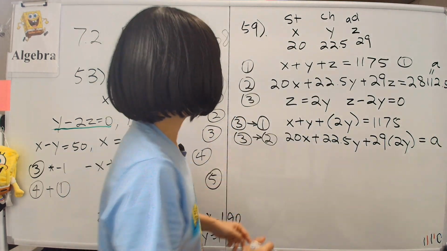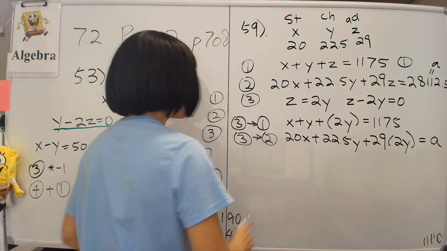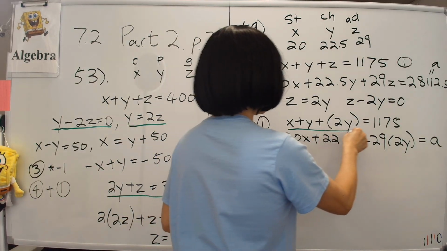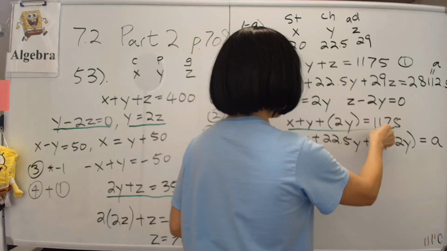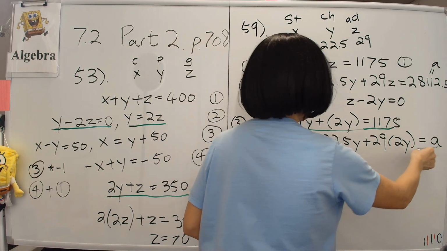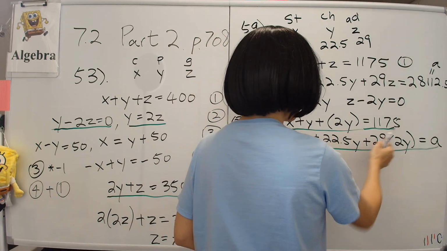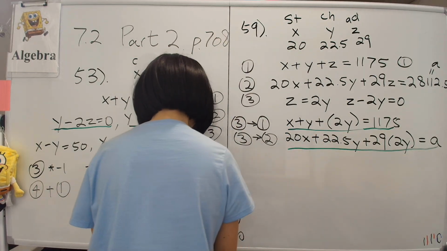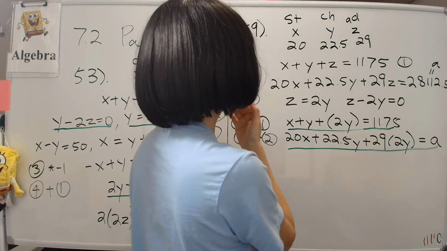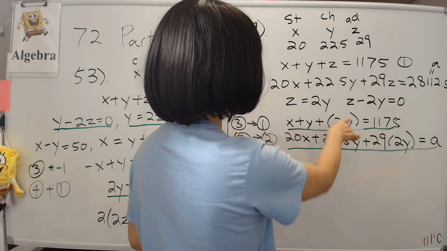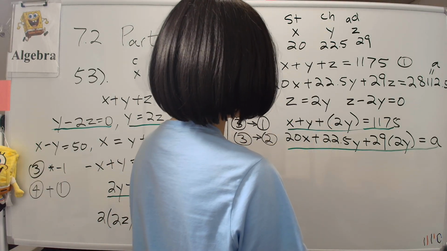So now we have two equations. That can be underlined in green because they both have two variables. Although these can be cleaned up better, and I will do that.